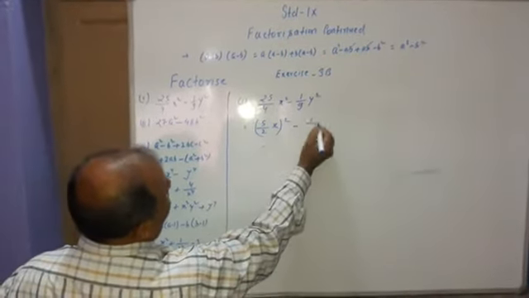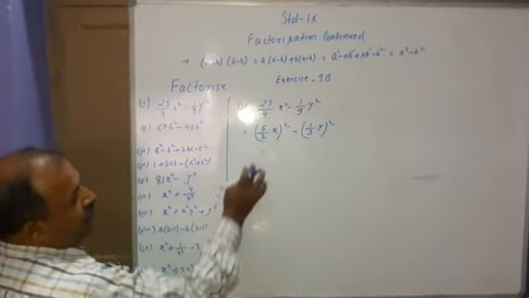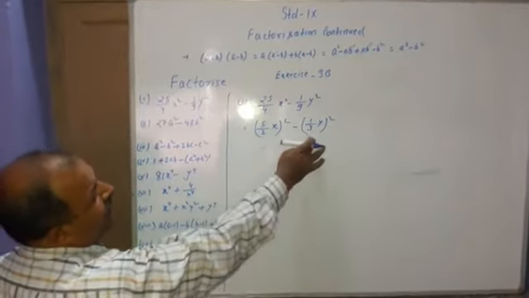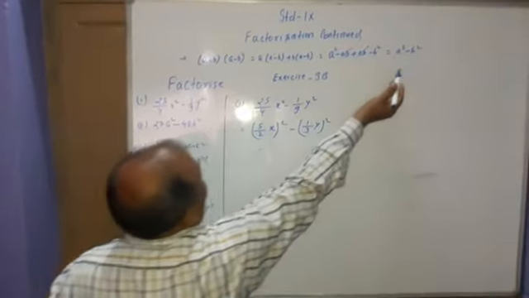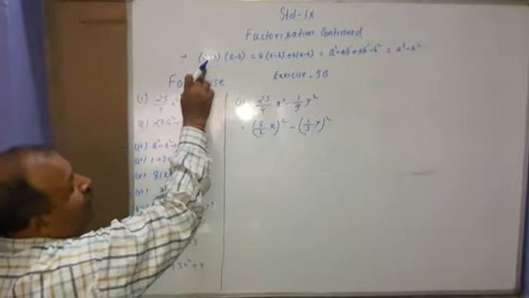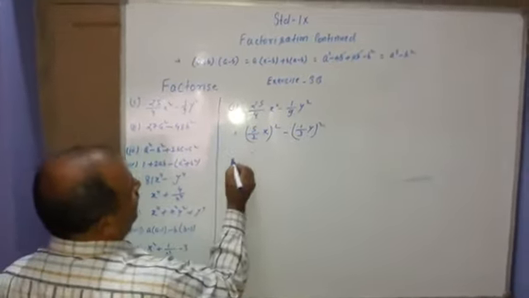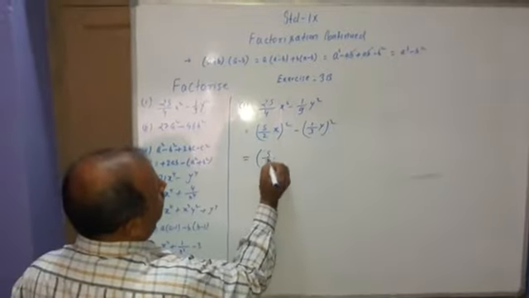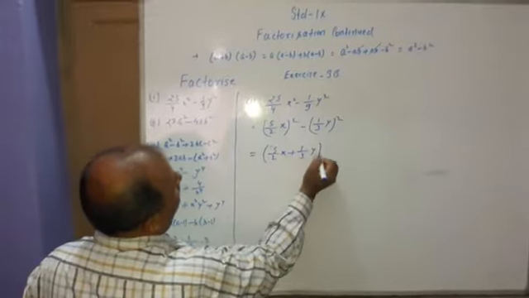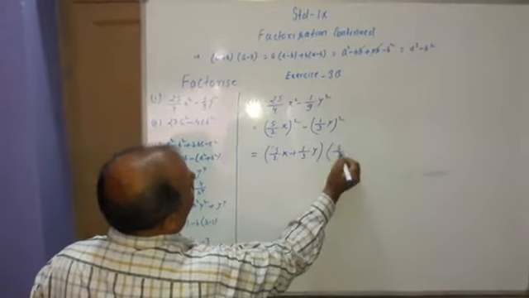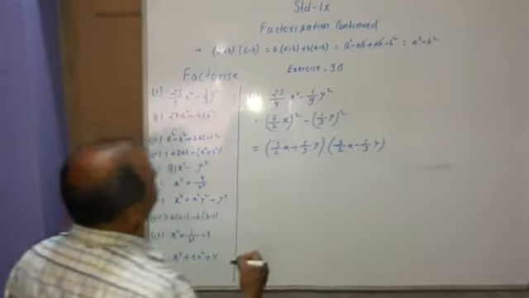In the same way, 1 by 3 y square. Now it is of the form a square minus b square. Therefore the factors will be a plus b and a minus b. And therefore we write (5 by 2x plus 1 by 3y) into (5 by 2x minus 1 by 3y).